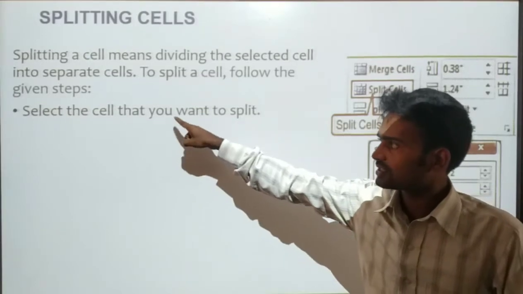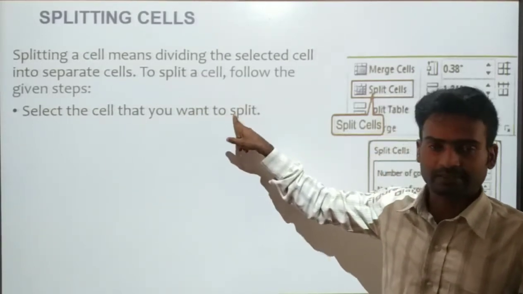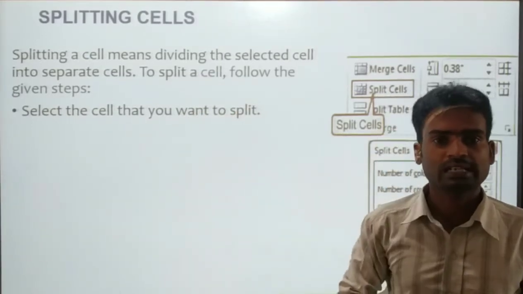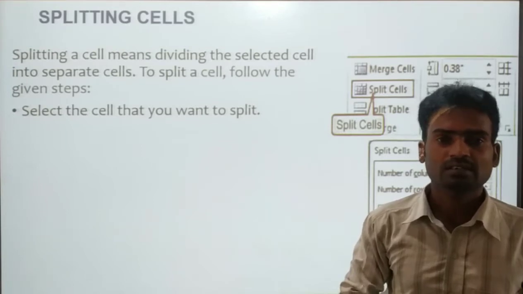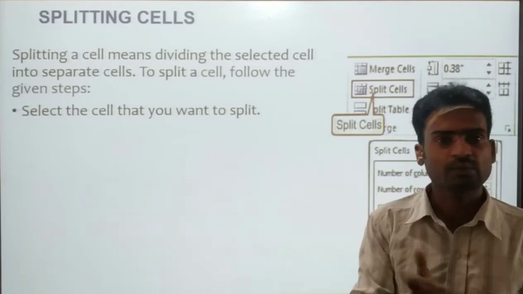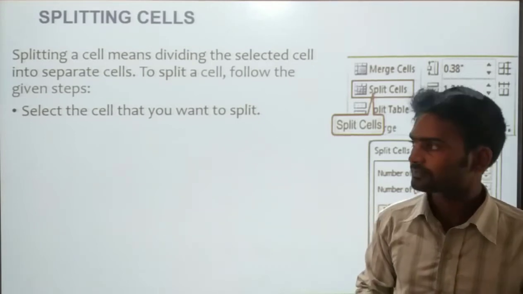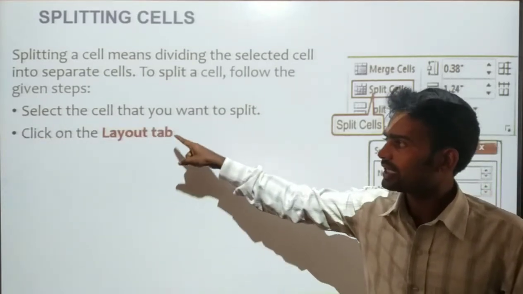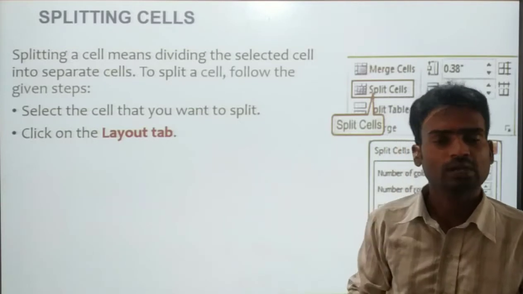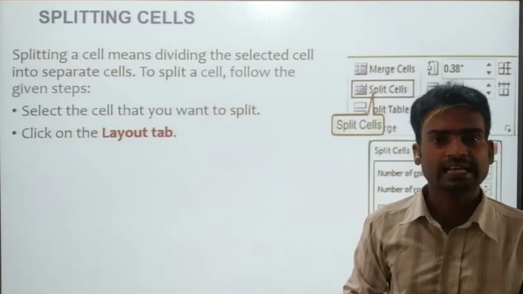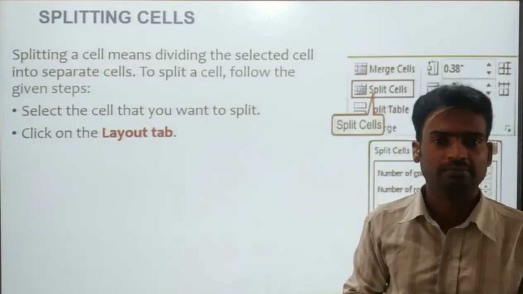Select the cell that you want to split. First, we have to select a cell which we want to split. Without selecting, we cannot do that. Then click on the Layout tab. Last class we saw what the Layout tab is and how to go to it, right?